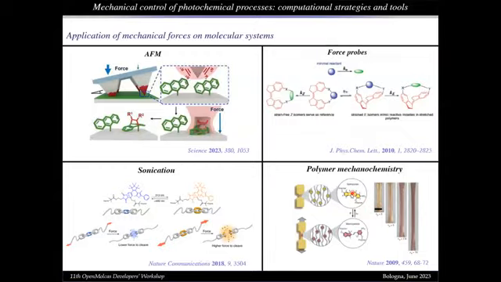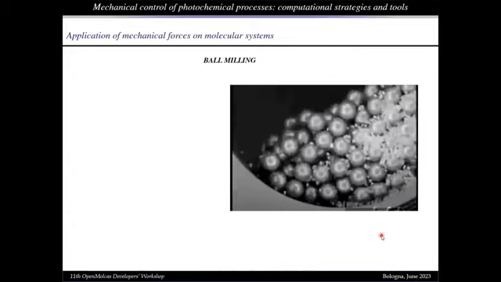In this case, the spiropyran, when applying a force, can undergo the breaking of this bond. So in this case, the color of the system is changing because of the conjugation of the system. Okay, these are the most usual ways to introduce these forces experimentally.